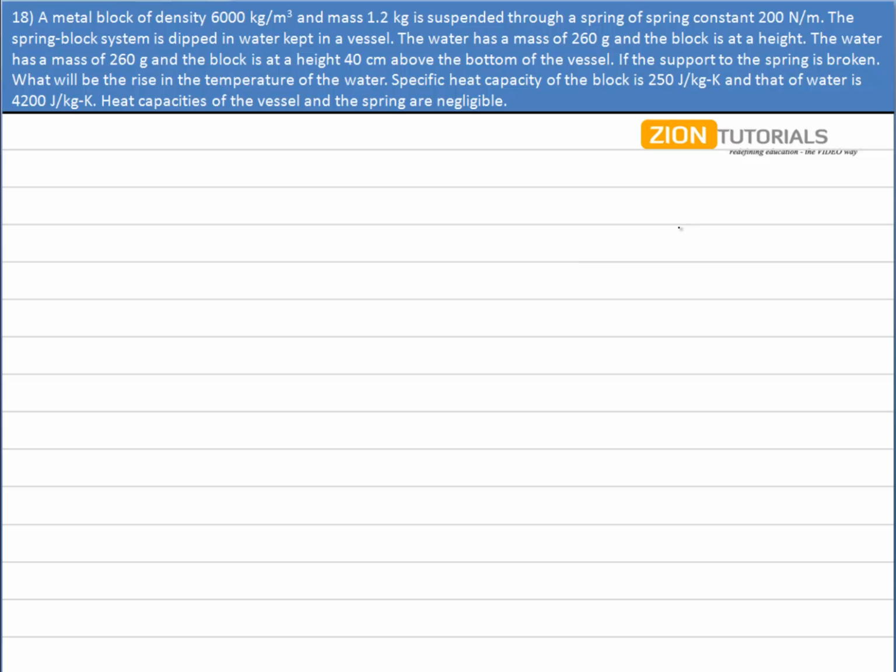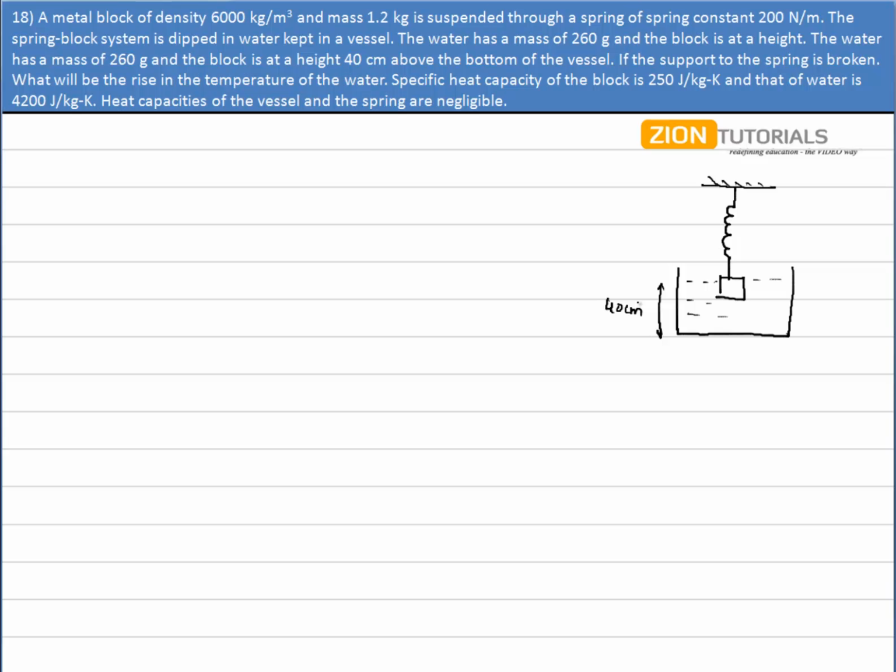Alright, now let's say this is my system. There is a spring, a block is attached to it, the system is dipped in water, and this height is given as 40 centimeter.